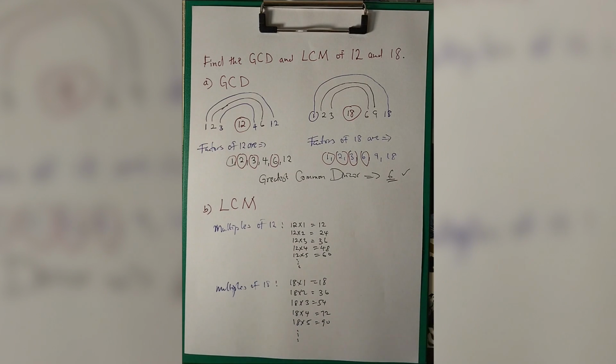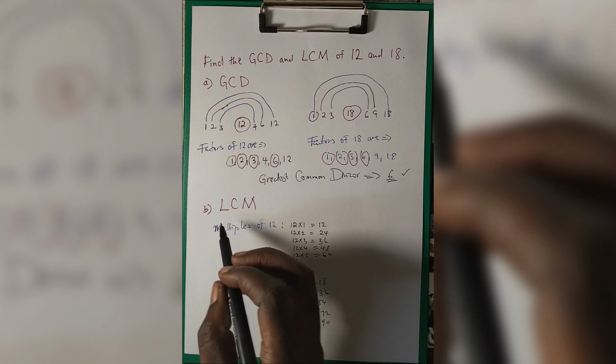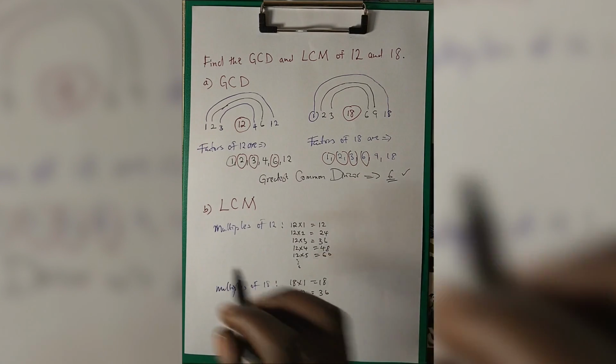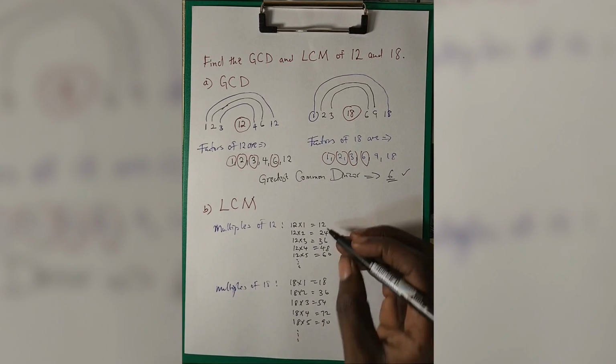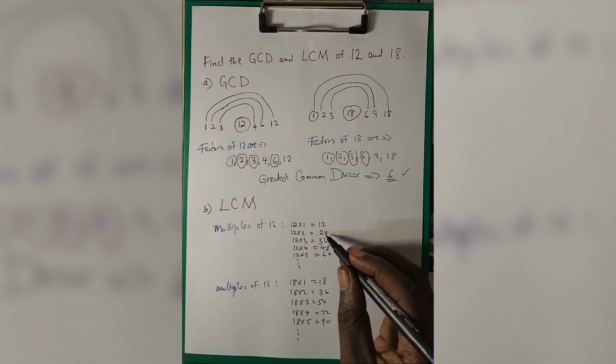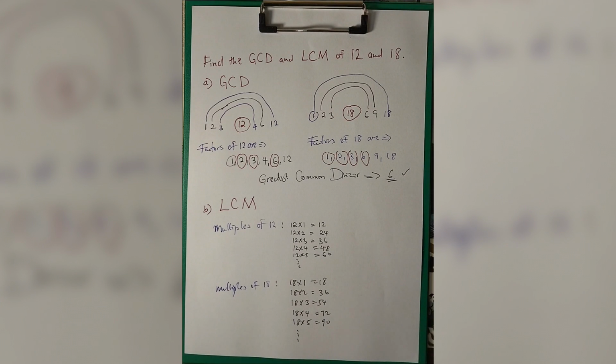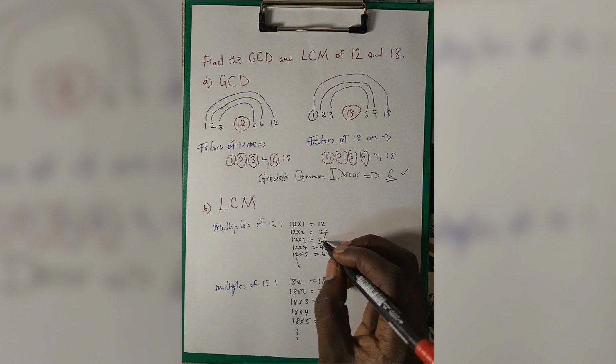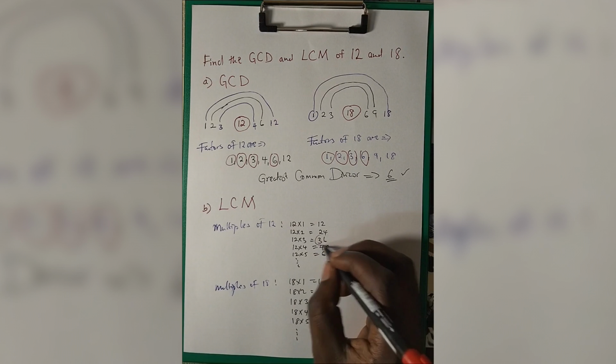From these multiples, we want to find the least common one. Now is 12 common? 12 is not here, so 12 is not common. 24 is not common. 36 is here, 36 is here, so 36 is common.